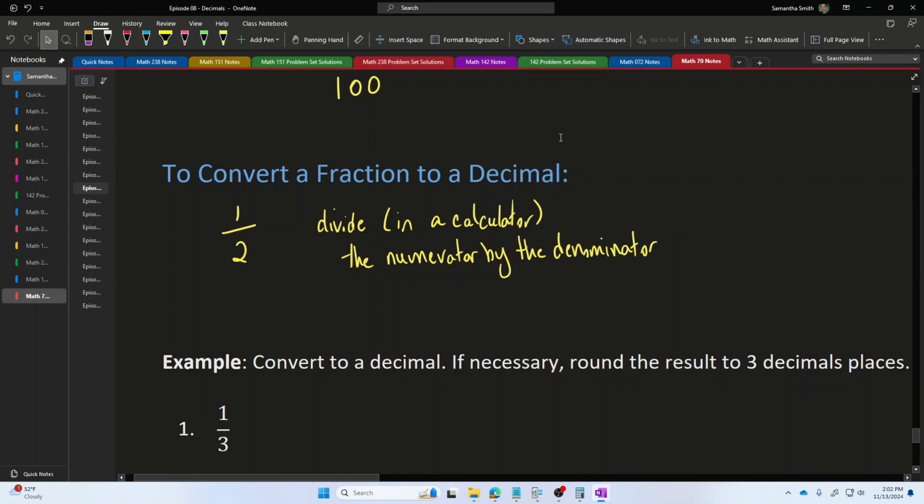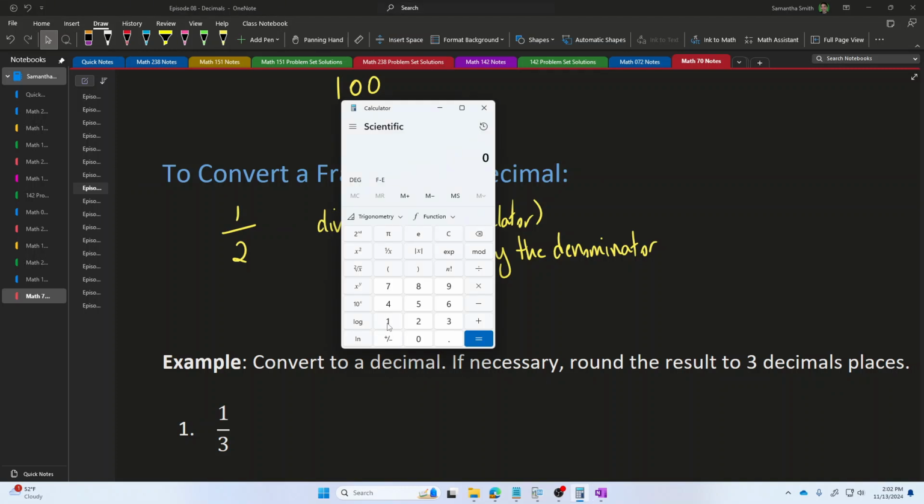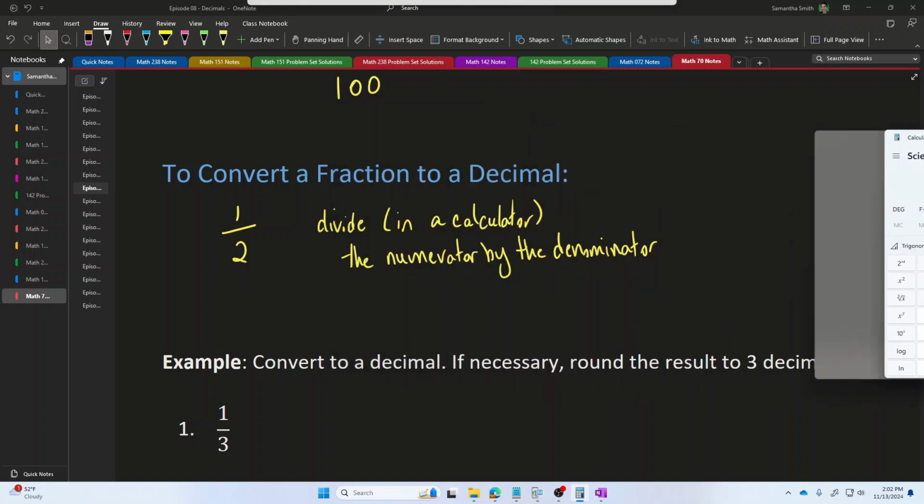Fractions are just division, so to convert a fraction to a decimal, all that you have to do is do the division. For example, here, if I wanted to convert 1 over 2 to a decimal number, I would just take my numerator 1 and divide it by 2 in a calculator, and the result of that calculation would be 0.5.